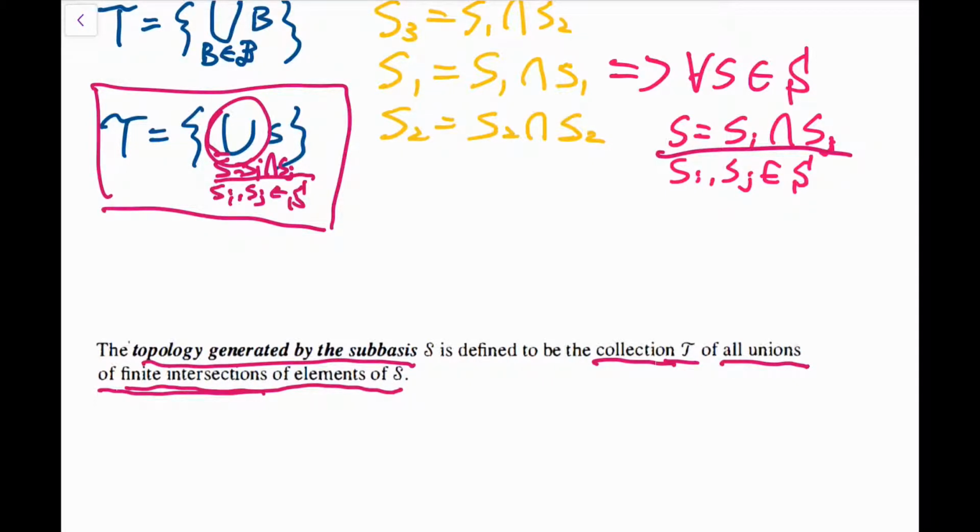It's similar to consider the intersection of three or any finite number of subbasis elements, but we need it to be finite. So, finite intersections of elements of S, the small s. In this way, the subbasis can generate the topology.